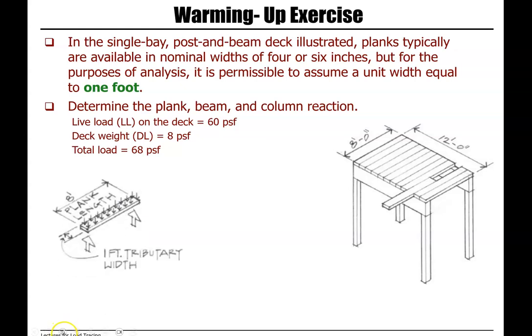So if we look at one single plank, it has a length of 8 feet and a width of 1 foot. So that's 1 foot. That will be tributary width of plank.